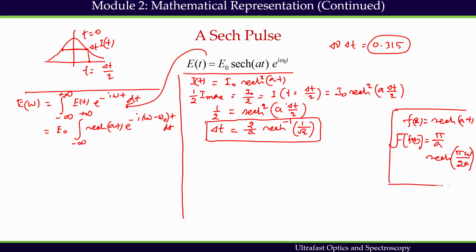So we can use this standard integral here, and we get E naught pi by a sec hyperbolic of pi omega minus omega naught divided by 2a.